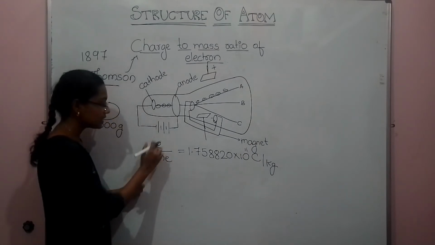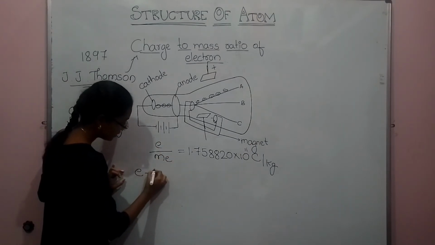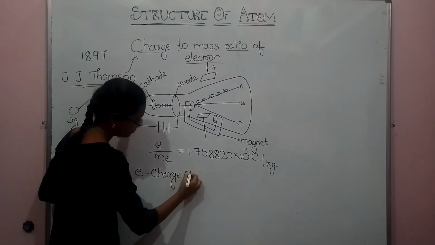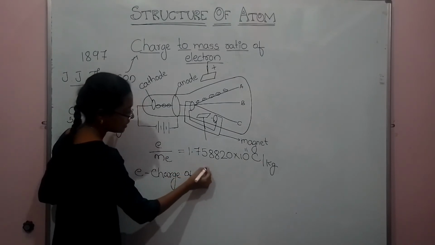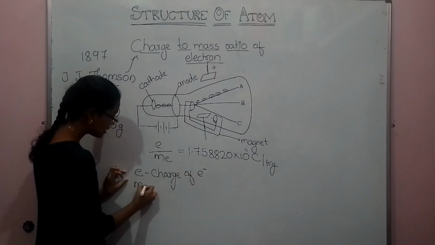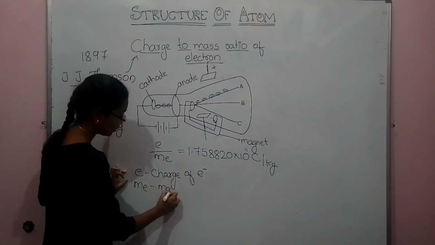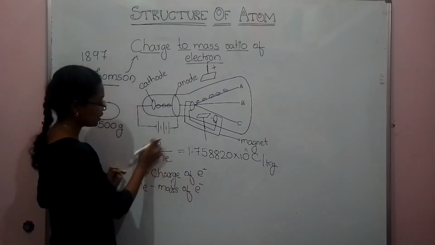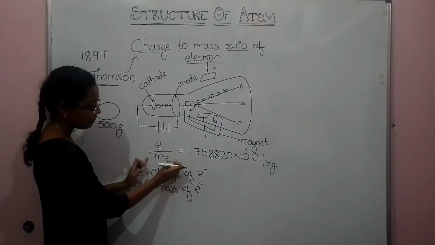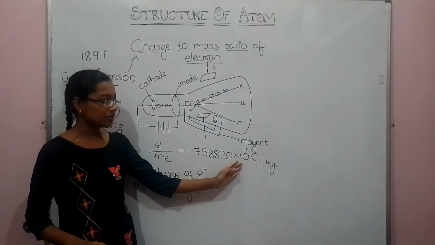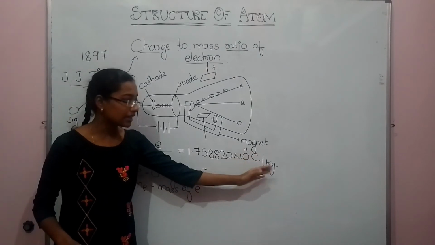Here e is the charge of the electron. Okay, this is how we represent the electron, right? And then me is the mass of the electron. The charge to mass ratio e by me comes out to be 1.758820 into 10 to the power 11 coulomb per kg.